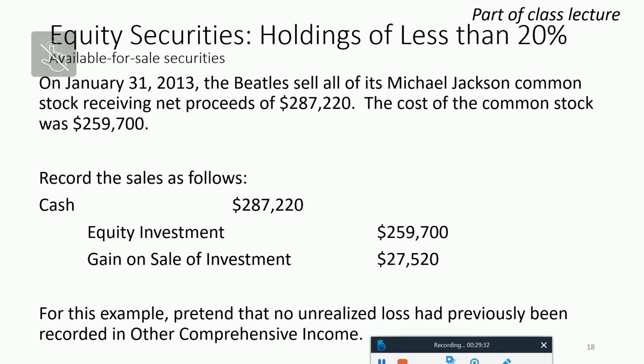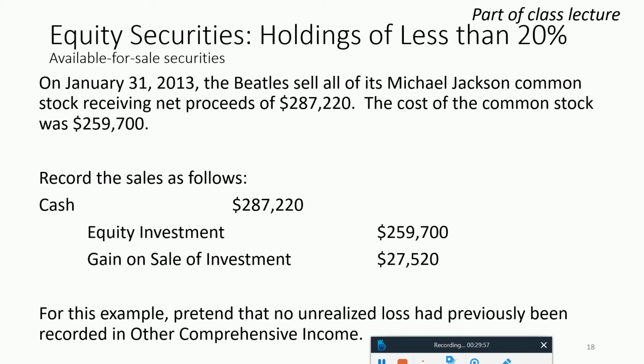On January 31st, 2013, the Beatles sell all of its Michael Jackson common stock, receiving net proceeds of $287,200. The cost of the common stock was $259,700. So our sale is going to be as follows. We're going to record cash of $287,220.